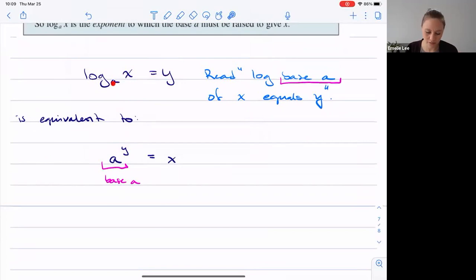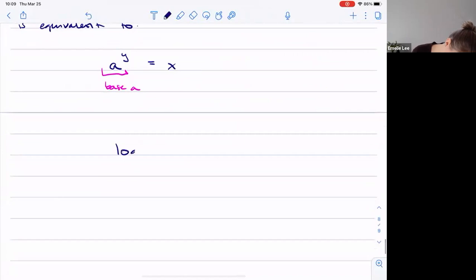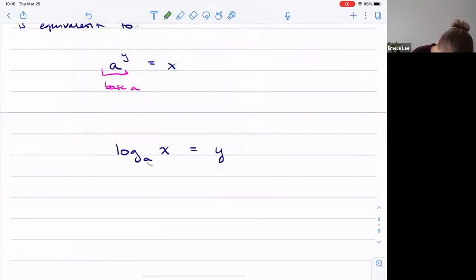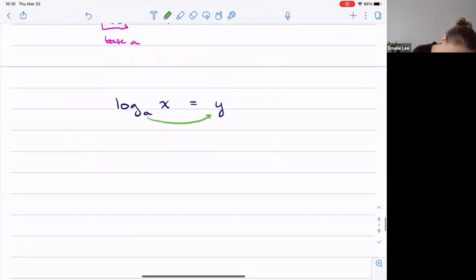In my mind, at least, that's how I have to read it: a to the power of y equals x. So let's write that down here. Log a x equals y. So here's my step one, a to the power of y.